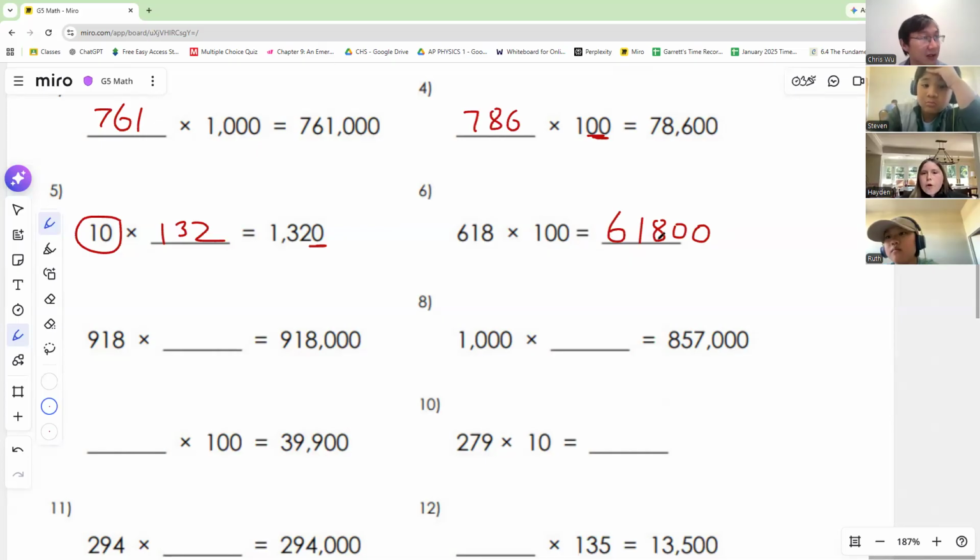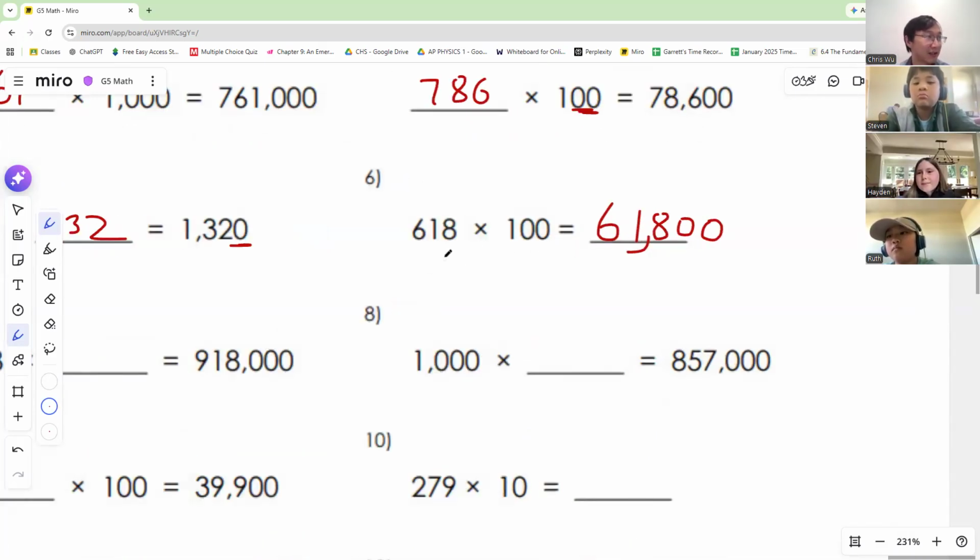Good. So 61,800. That is correct. Sometimes I get lost, like is it 1,000? Is it 10,000? So usually I just write out the number 618, and then ask how many zeros? 0 0, and I go oh, that's 100,000. So let's put a comma here. Oh yeah, comma there. So it's 61,800. Yeah. Good job. Okay. Good.